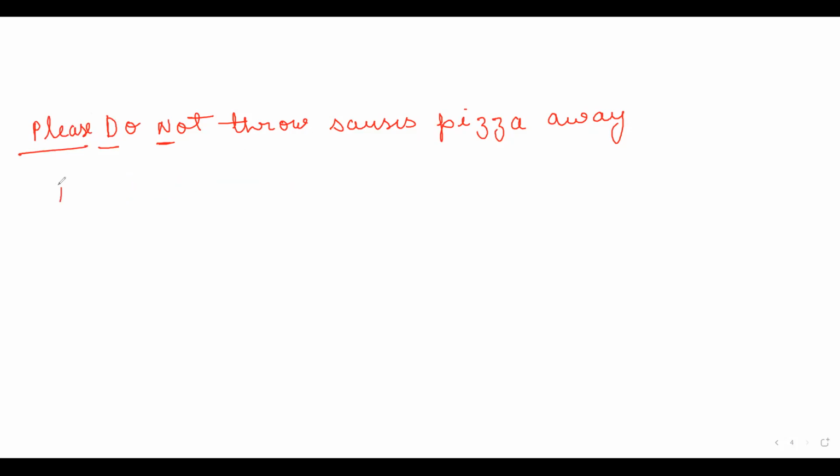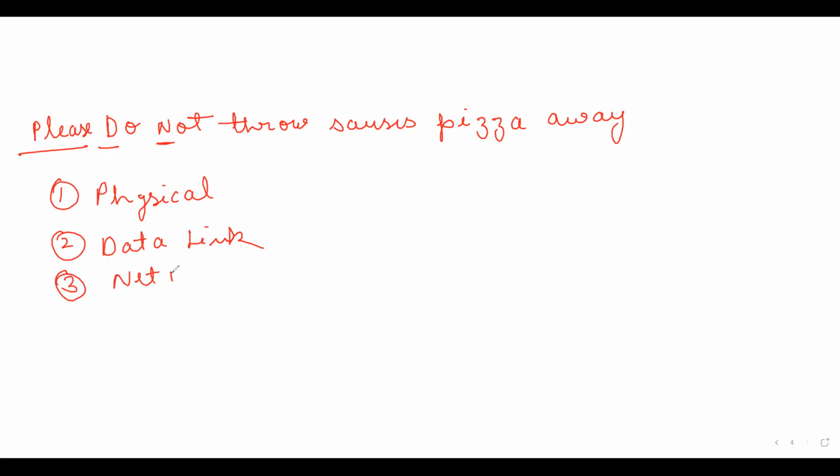So sure. The first one is P, Please, which means physical layer. You can remember it like this. D means data link. Then N means network. T means transport. Then S, Session.